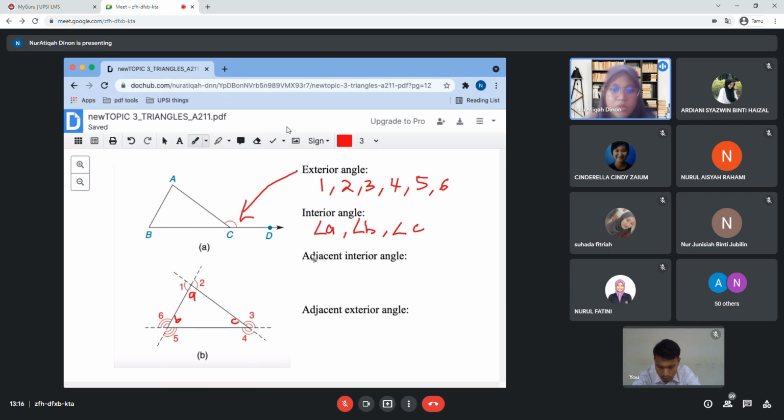Now, what is an adjacent interior angle? An adjacent interior angle refers to the interior angle that is neighboring the exterior angle.